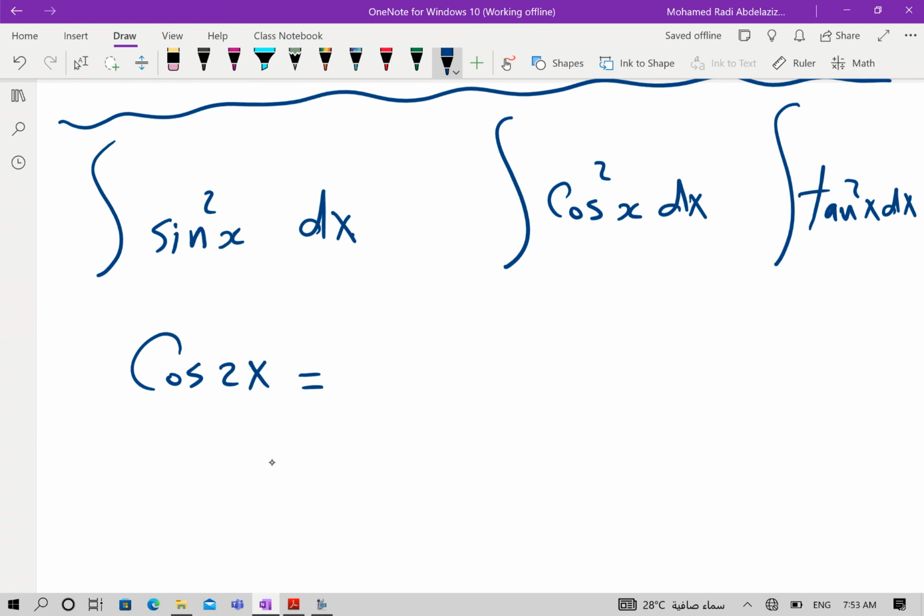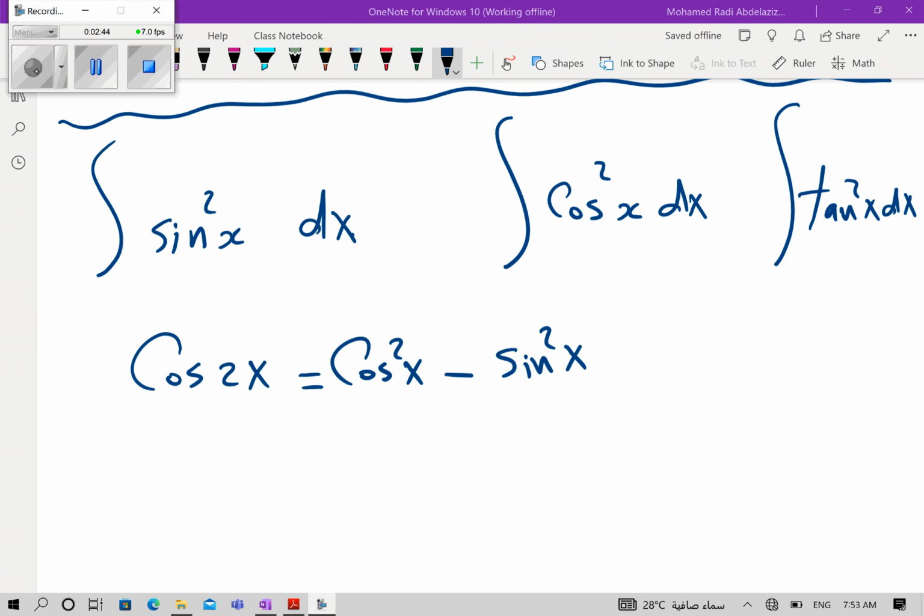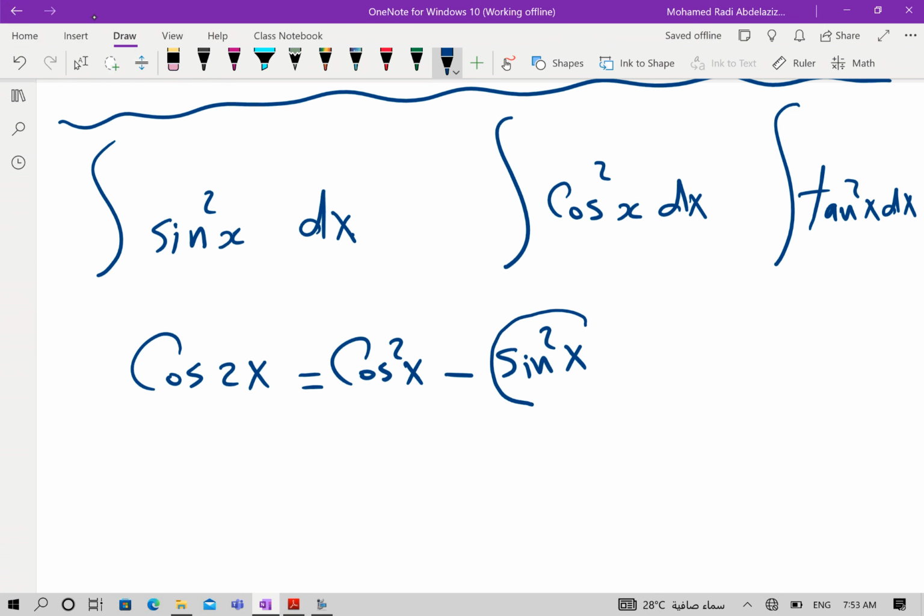Split 2x as x plus x. Then cosine minus sine, so the first one will be cosine squared x minus sine squared x. Then start to remove sine squared x and substitute it by 1 minus cosine squared x, and simplify your answer.